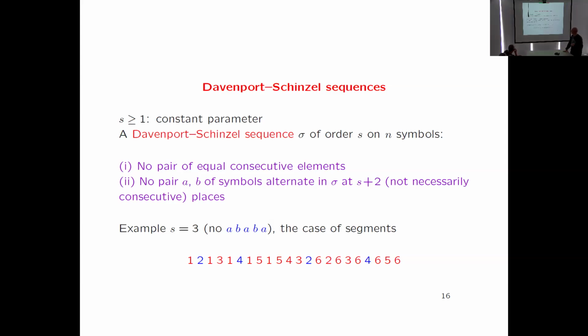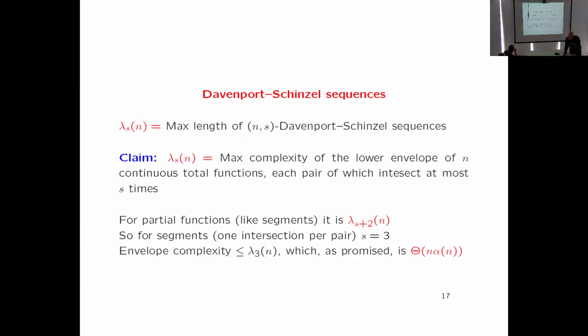So it's a Davenport-Schinzel sequence of order 3, and we denote its maximum length by lambda_s(n). It's not difficult to see that this is equivalent: every Davenport-Schinzel sequence is realized as the lower envelope sequence of n functions, every pair of which intersect at most s times.